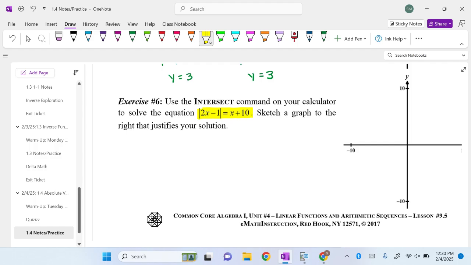Just take a quick second and solve that equation. And remember, there may be more than one solution. I'll give you guys about 2 minutes.